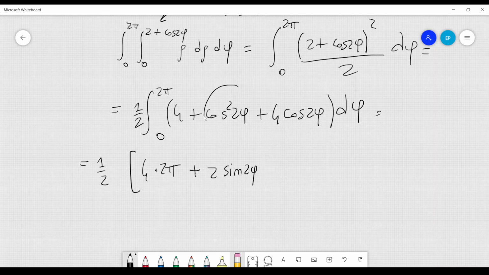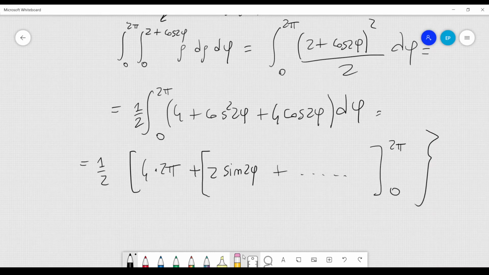And then we have the integral of this function, cosine squared of 2 phi, that I will do below. So here I'm going to leave some space, and we have to evaluate it between 0 and 2 pi, actually only this part. So let me put a square bracket, a curly bracket here, because I've already evaluated this first part.